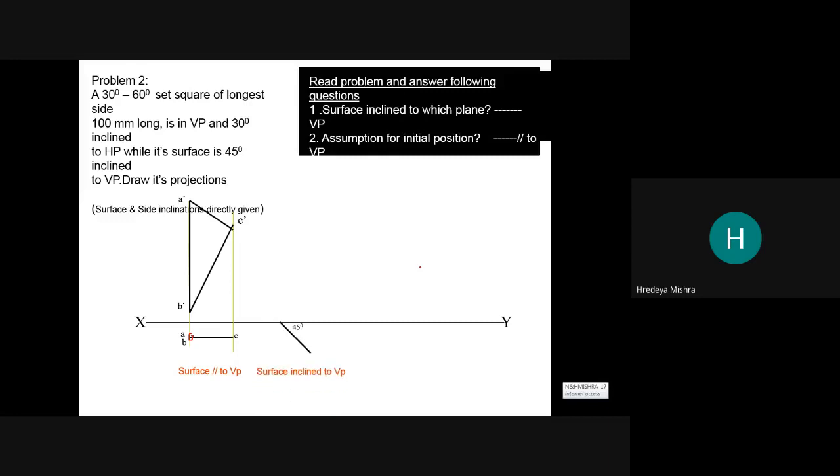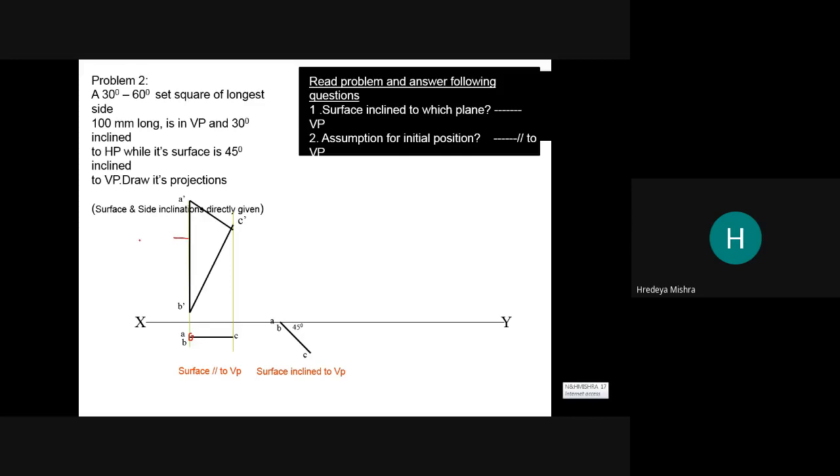Now, what is next? We have to see AB here and C is here. Why? Because this is the AC line. How do you get the dimension of AC and BC? Any idea? Anyone can tell?